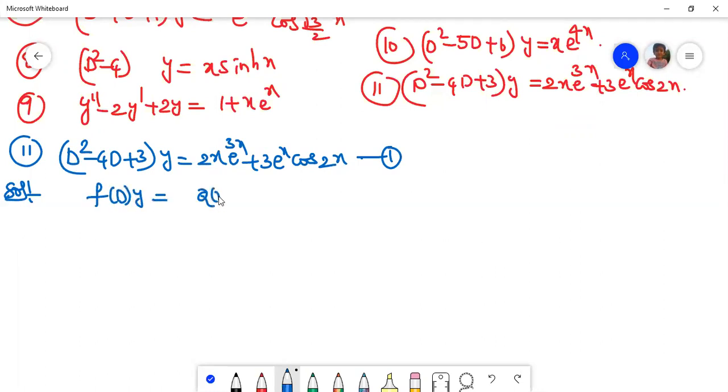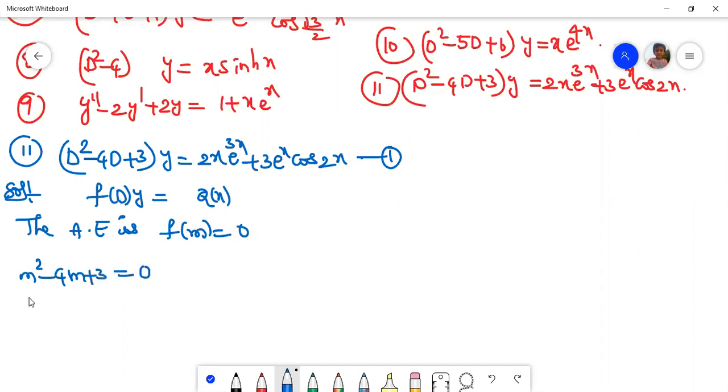Here to find the complementary function by using the auxiliary equation, that is f of m equal to 0, m square minus 4m plus 3 equal to 0. Here m square minus 3m minus m plus 3 equal to 0.